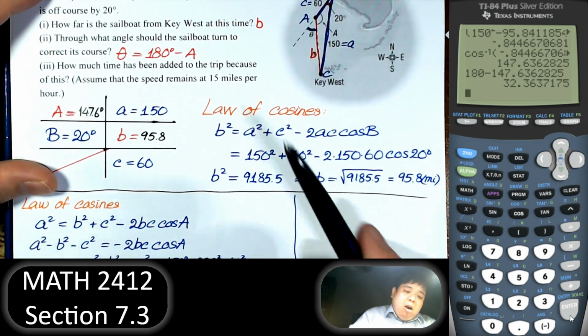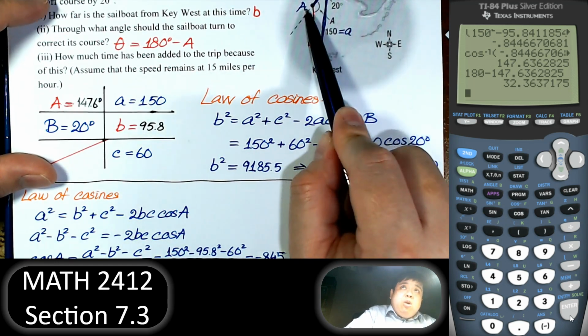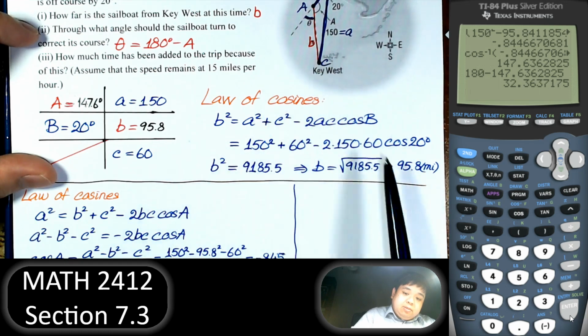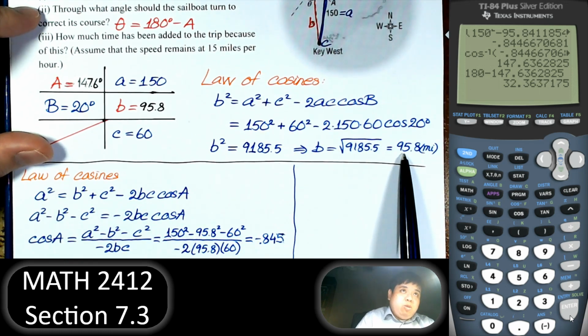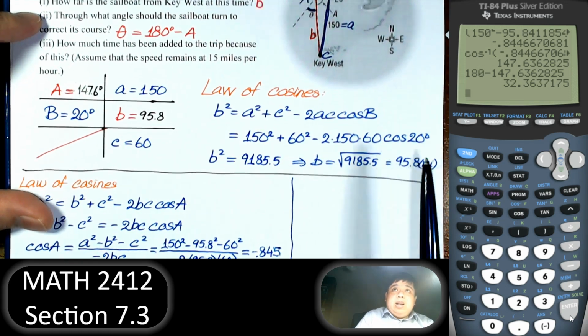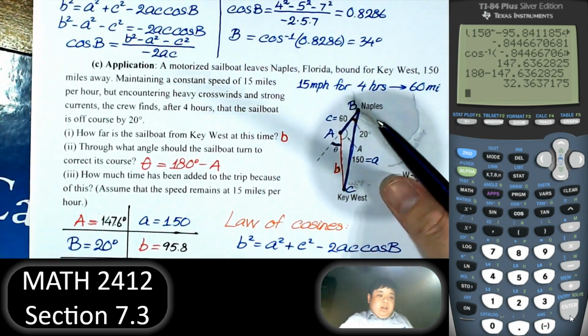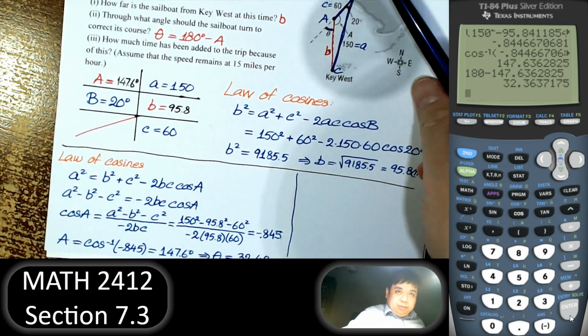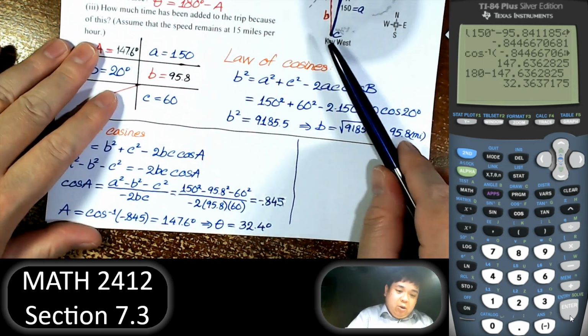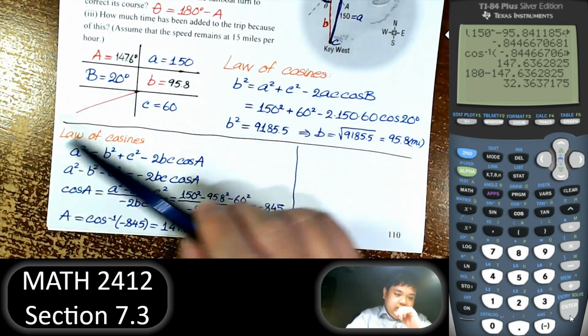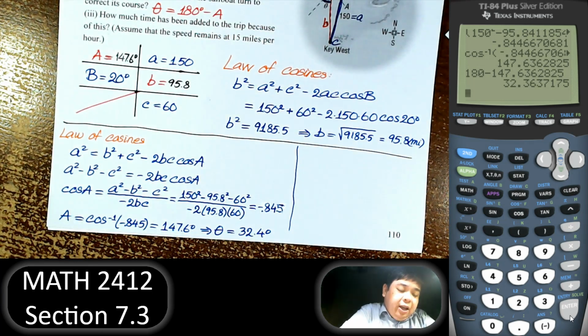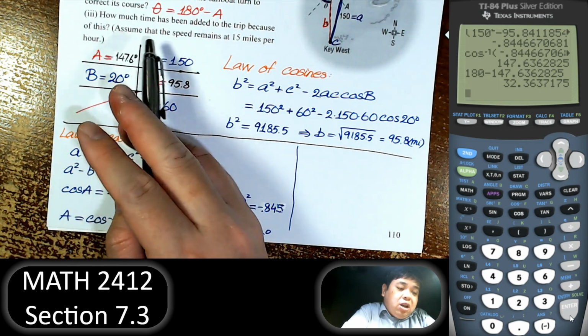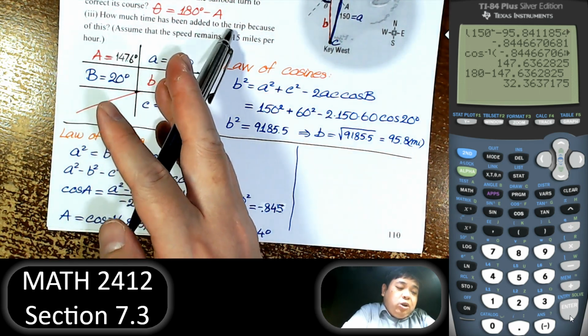So the first part of the question, from that moment to Key West, would be 95.8 miles more. But in order to go to Key West in the direct direction, we have to turn an angle of 32.4 degrees. And how much time has been added to the trip because of this?